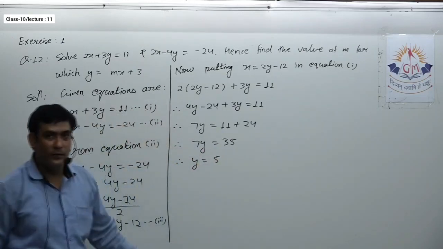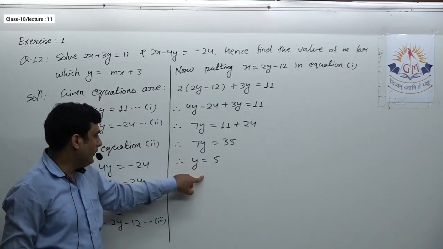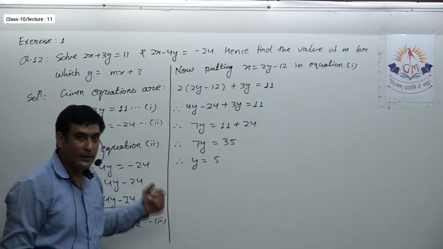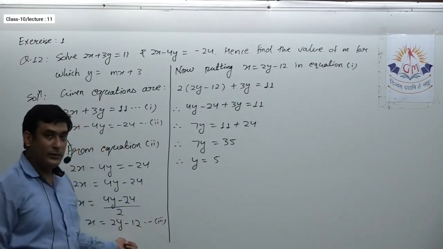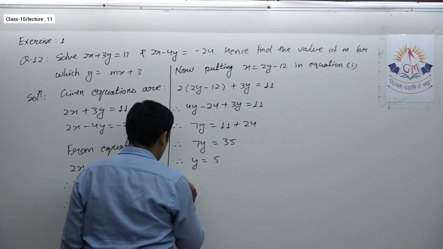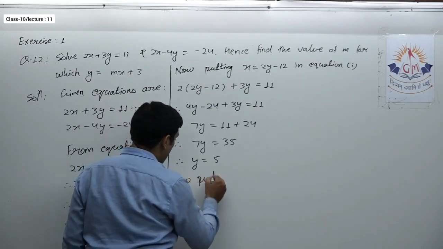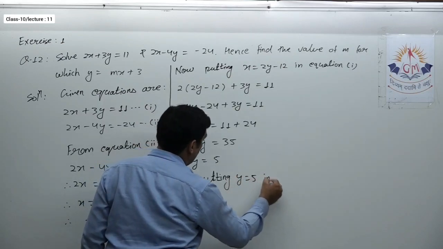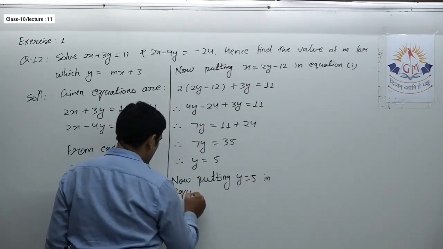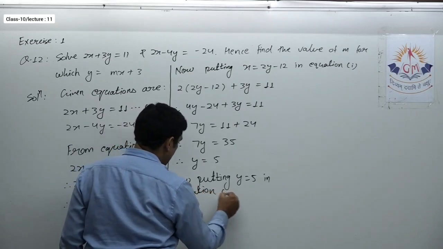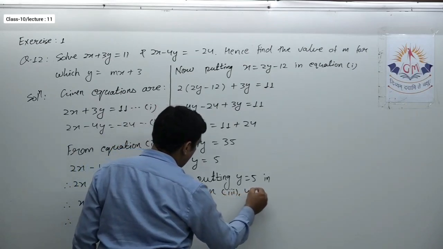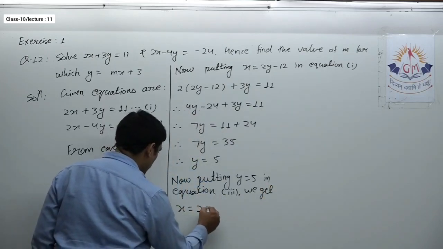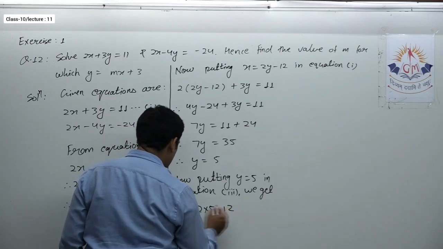So here I obtain the value of one variable. Now I will put this value of y in either 1 or 2 or 3, but as I told you, I always prefer the third one. Putting y equal to 5 in equation 3, we get x is equal to 2 into 5 minus 12.